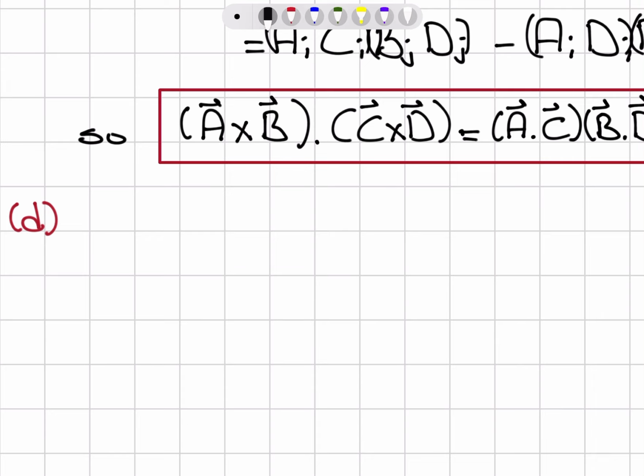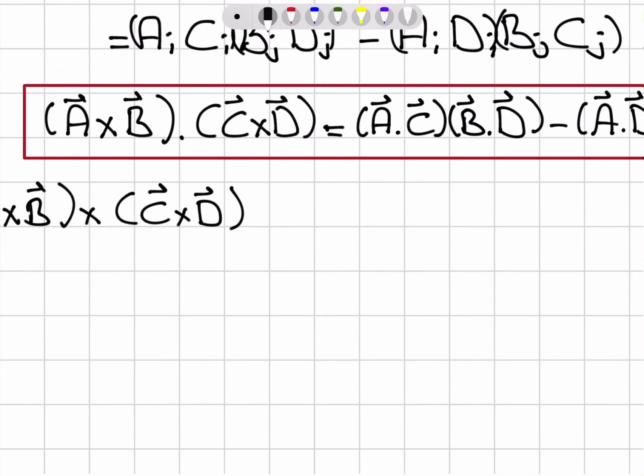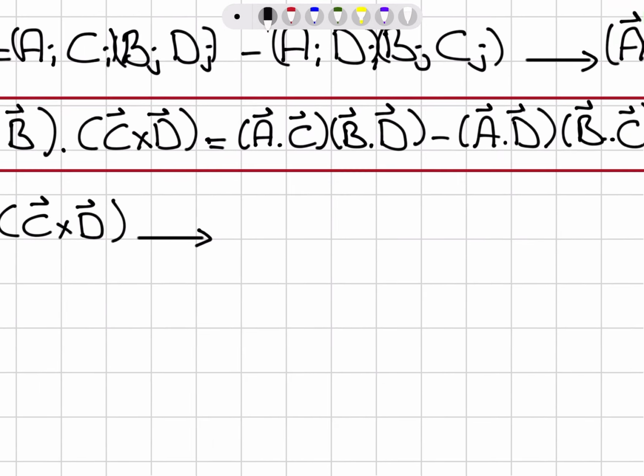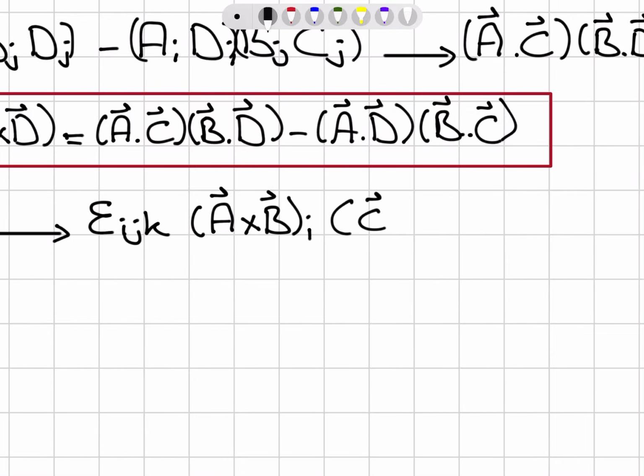Okay, now we're going to consider A cross B cross product with C cross D. And in subscript summation notation, this is written as epsilon ijk, the ith component of A cross B vector, jth component of C cross D vector in e_k hat direction.